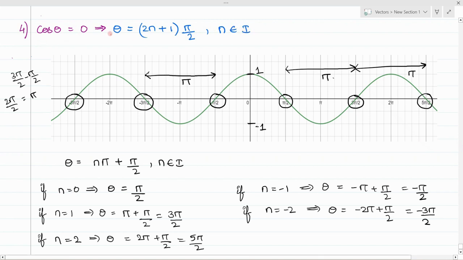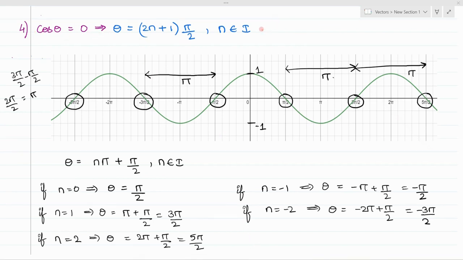So this is the solution for theta when cos theta is 0. Here, the other solution of theta you can write is theta equal to 2n minus 1 times pi by 2, where n belongs to integers. You can just verify this by keeping the values of n as 0, 1, minus 1. You will get the same answers as you have got over here. So both the solutions are correct.